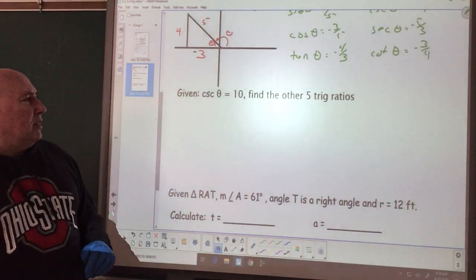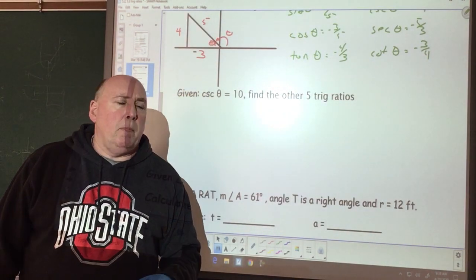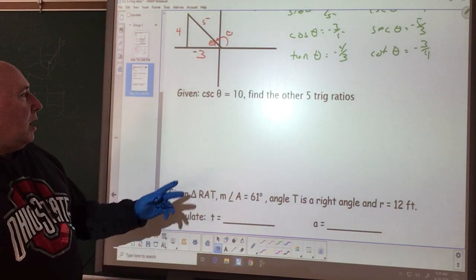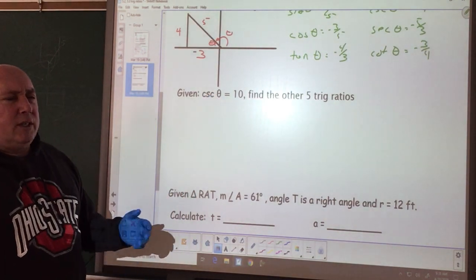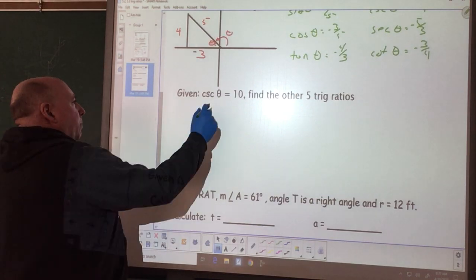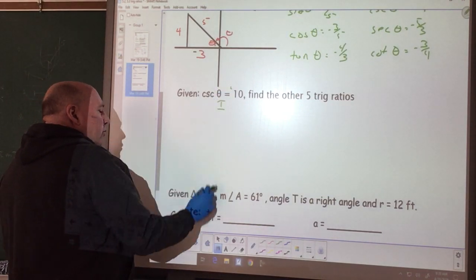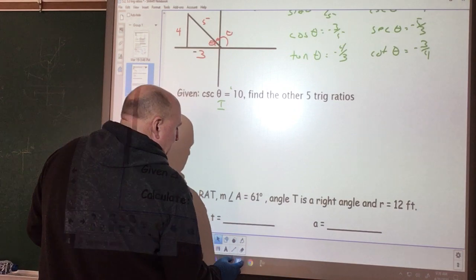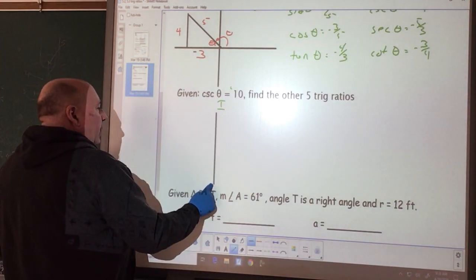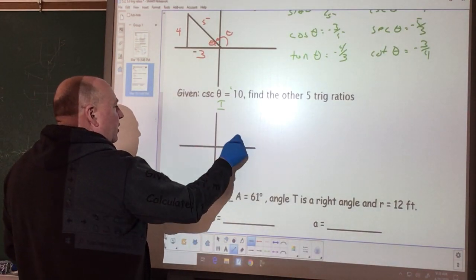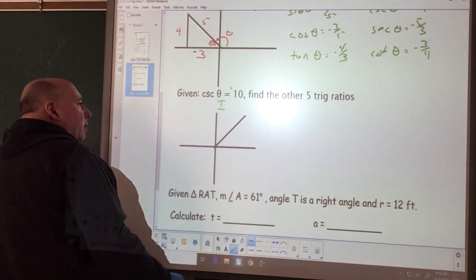The cosecant of theta is equal to 10. We'll just draw the picture here. If it's given to us as just a positive value, I'm just going to go quadrant 1 with this. If you're not given a quadrant and it's a positive value, you can just go quadrant number 1.